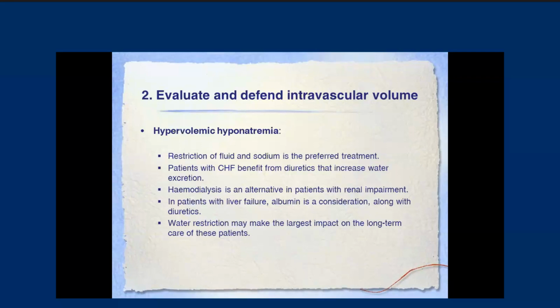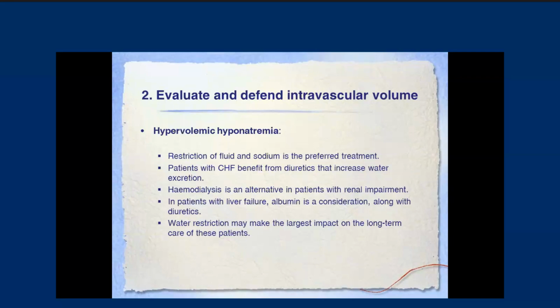And for patients with liver failure and hyponatremia, diuretics will help, albumin will help, as well as paracentesis, which will help us in decreasing the total water amount in the extracellular fluid, and diuretics will help us in excreting the excessive water through the urine.